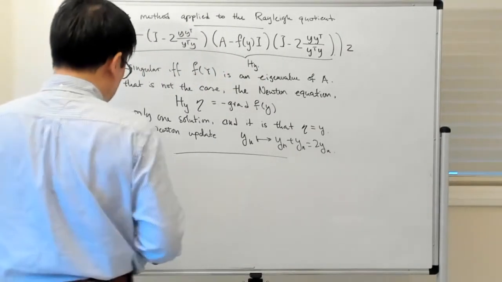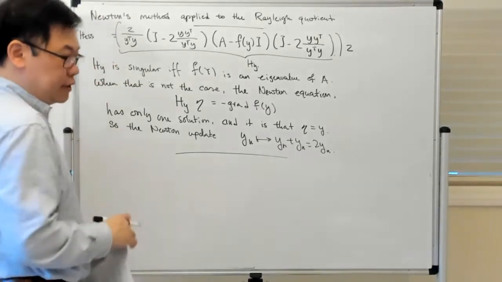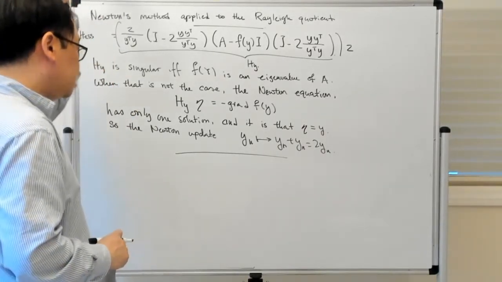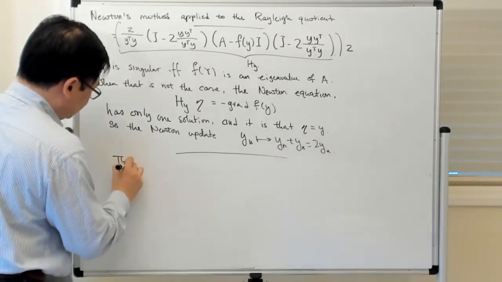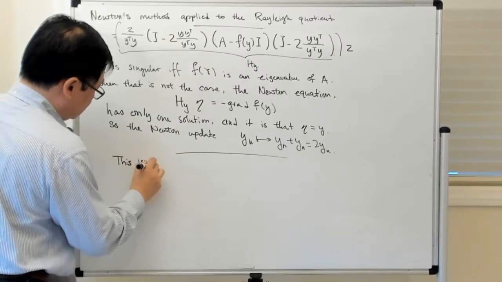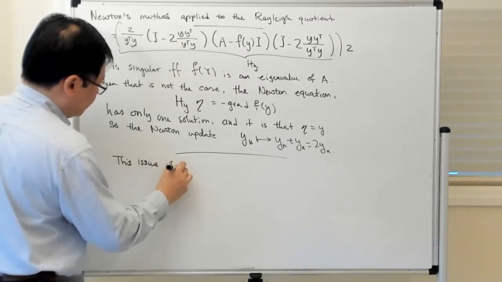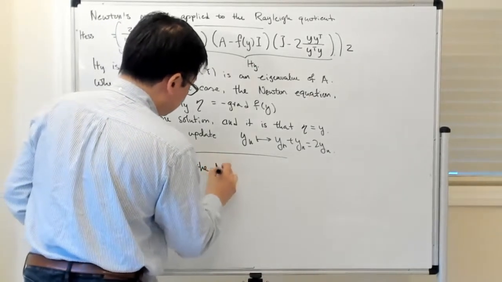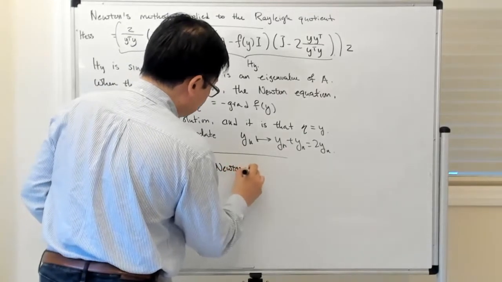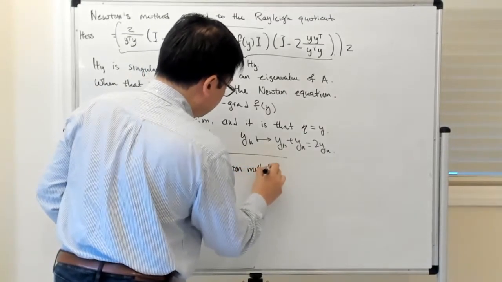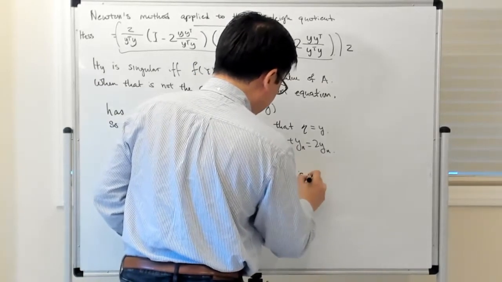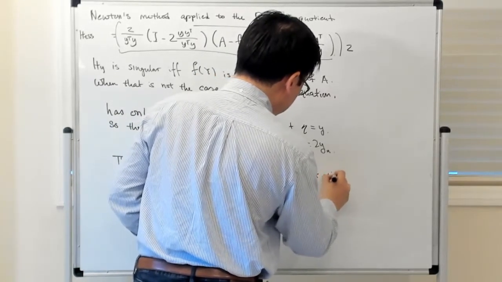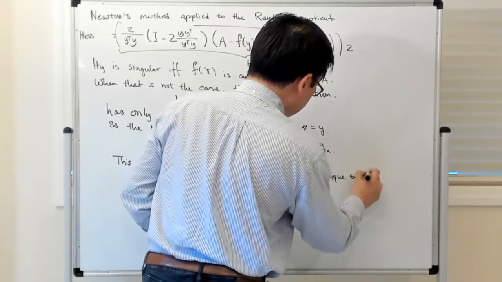So it turns out that this problem is in some sense not specific to just the Rayleigh quotient. This issue where the Newton method fails is not unique to the Rayleigh quotient.